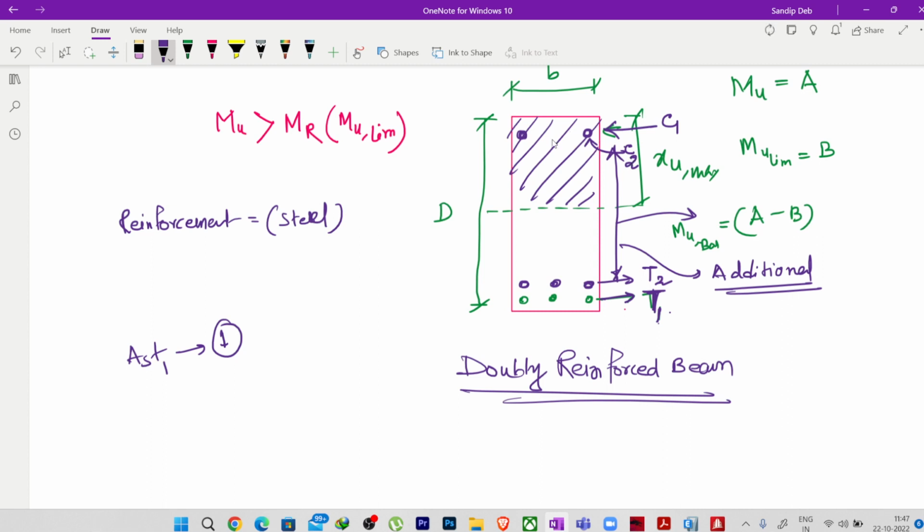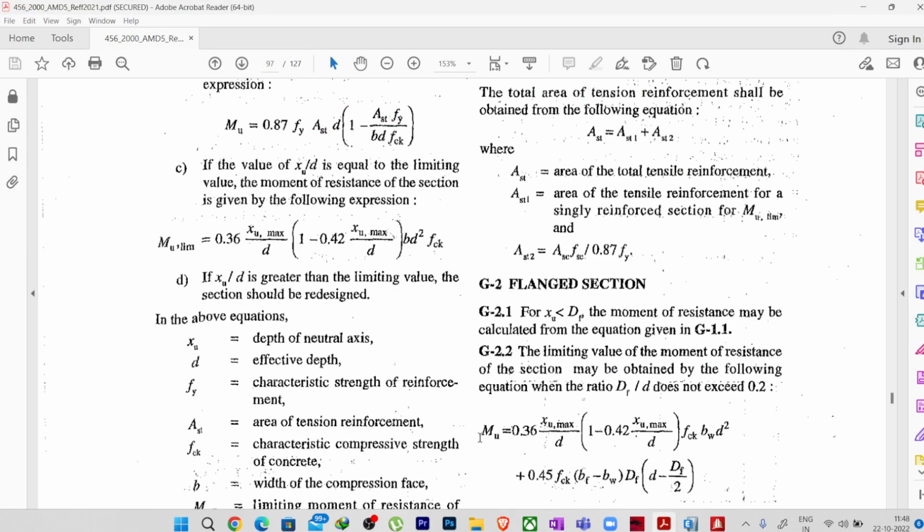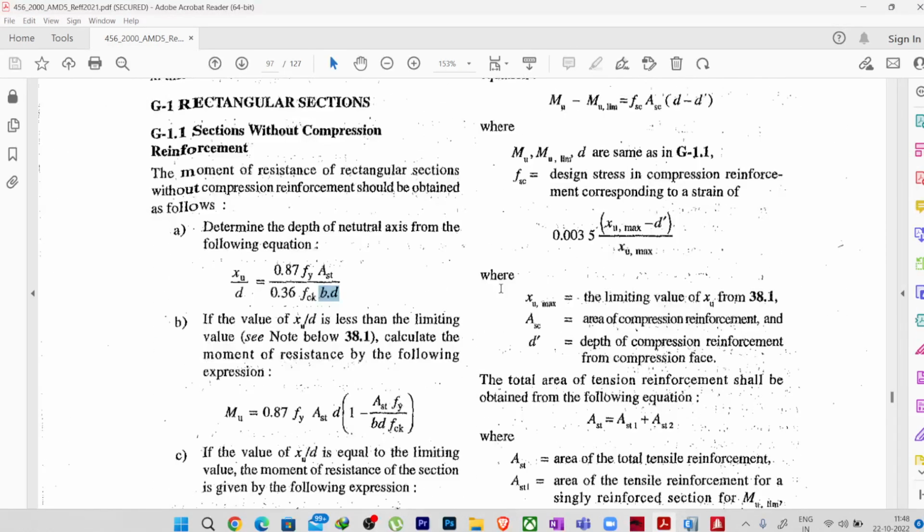So here we also need to find the area of reinforcement for the compression. We denote this as ASC, area of steel in compression, and this whole we define as AST, area of steel in tension, which comprises AST1 plus AST2 in the case of a doubly reinforced section. Let's see how the code has given the process to find it out.